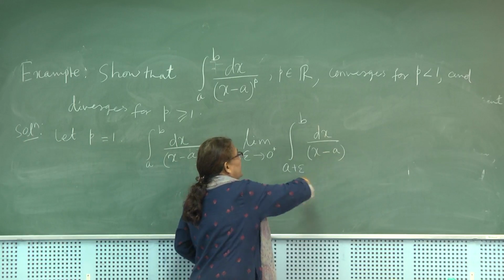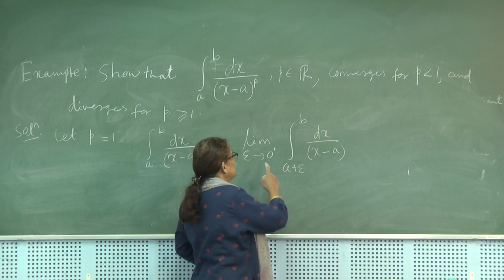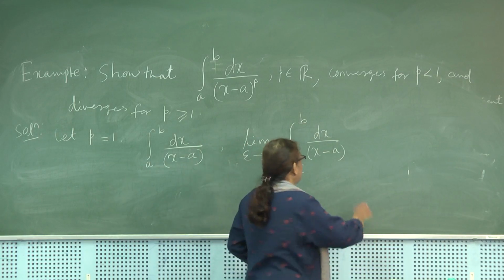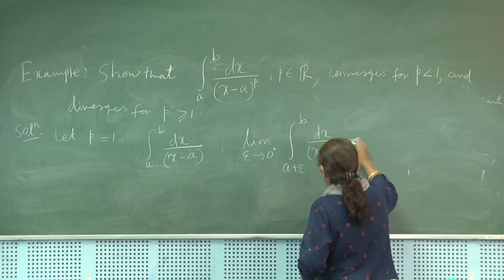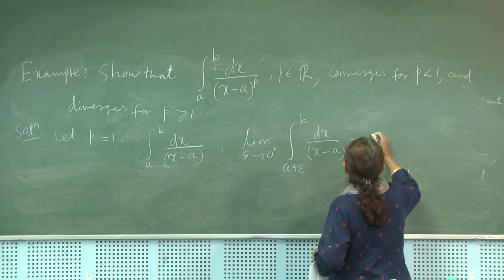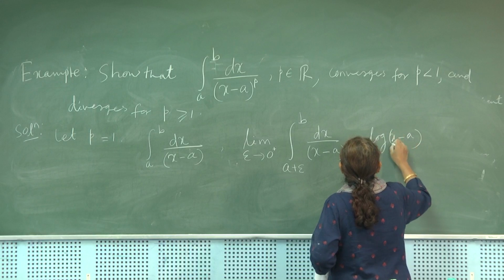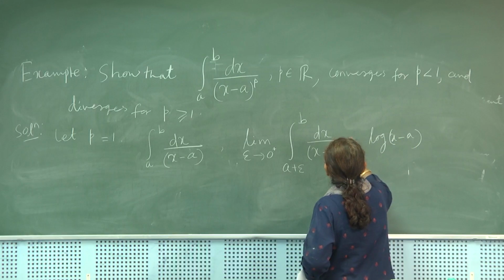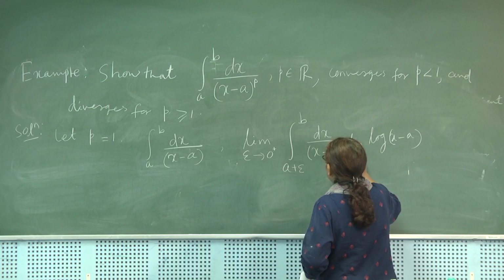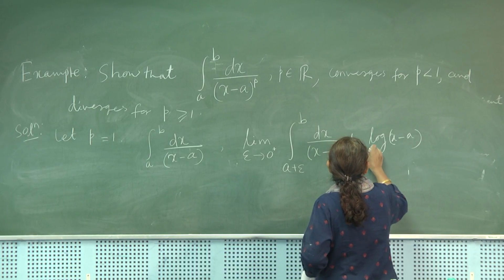We have to find out this integral and then we take the limit epsilon tends to 0 plus. So, here you get the log of x minus a as the integrand, and here we already have the limit epsilon tends to 0 plus.